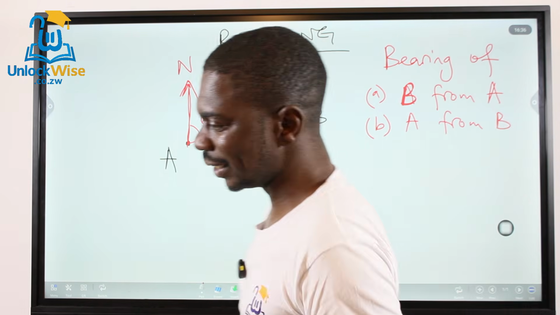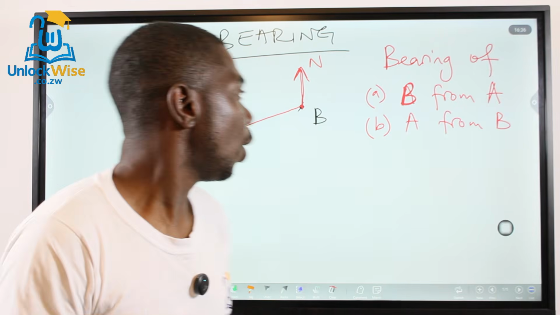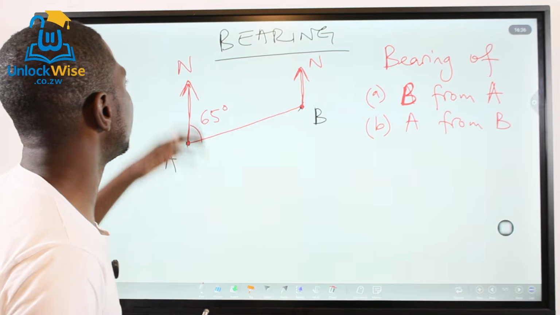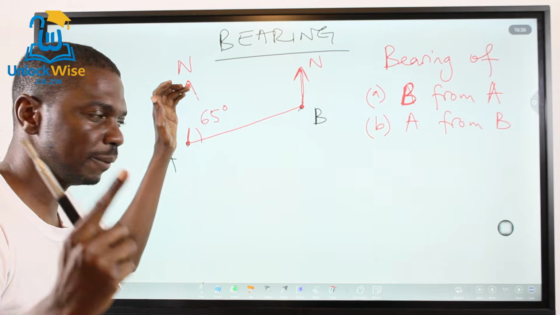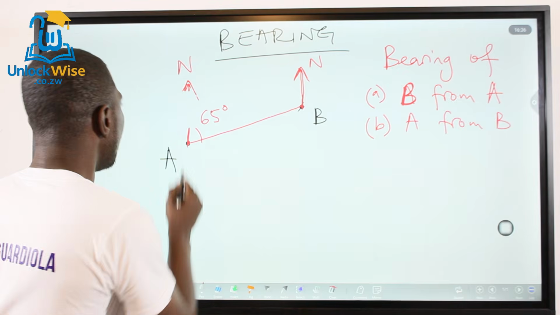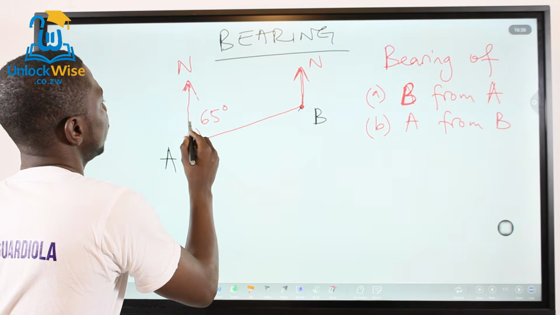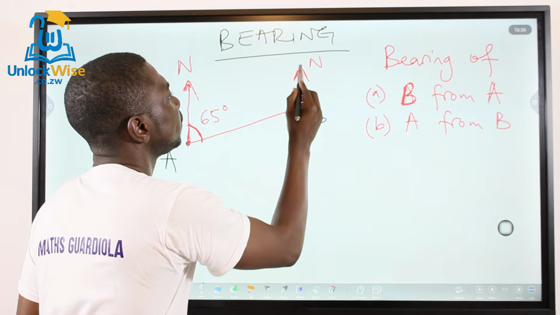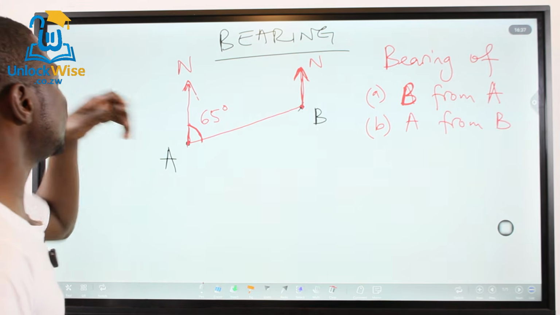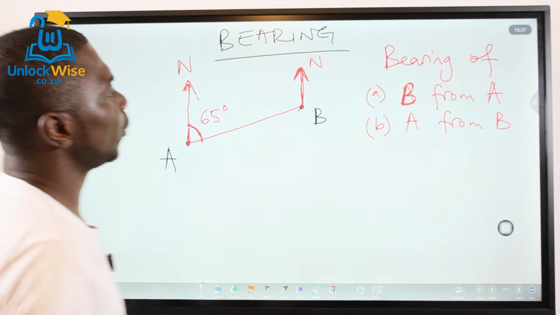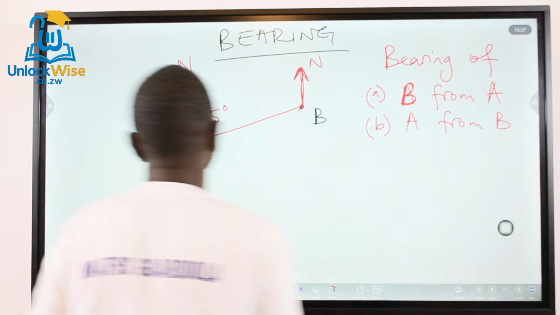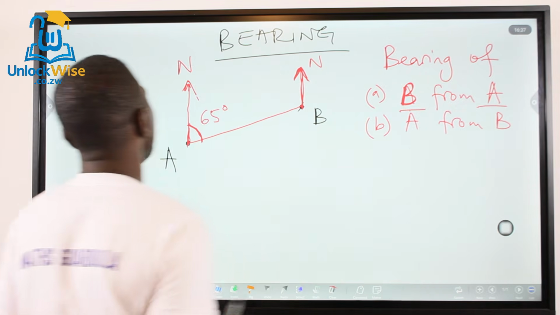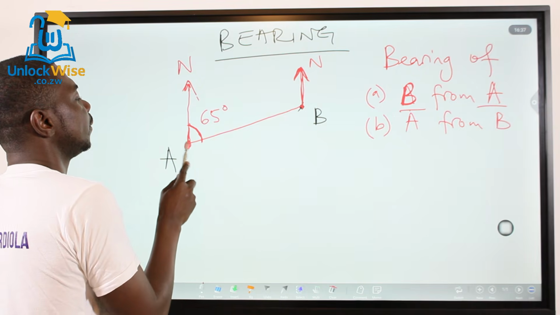Now, I want you to understand what is happening here. We said we measure bearing starting from north. That's the first thing. And we measure clockwise, right? So, the bearing of B from A, we go where A is, here.